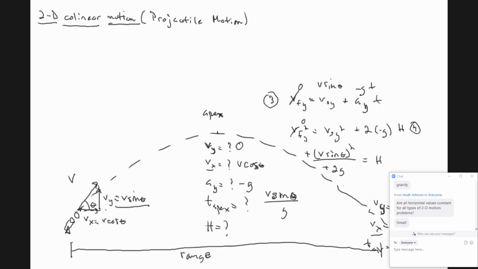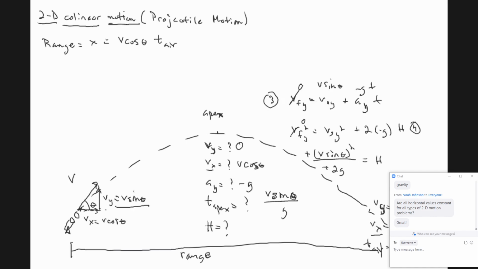So if you think about it, range is the horizontal displacement, which is x. And since there's no acceleration in the x direction, it's the initial velocity in the x direction times time that we spent in the air.